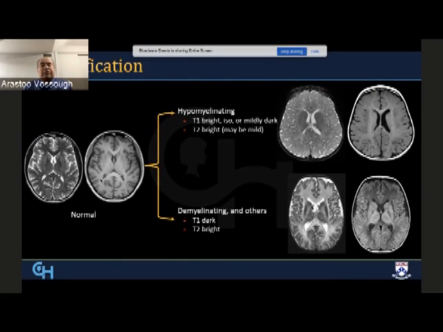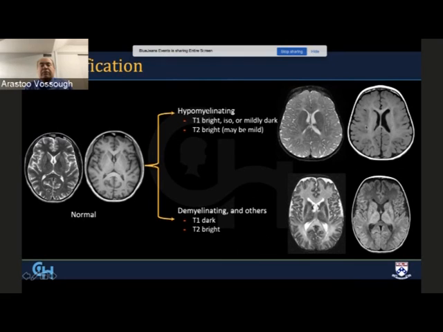Now, there are different ways to classify leukodystrophies, but a very common and very useful one is to classify them into hypomyelinating disorders and the demyelinating disorders. So on this left-hand side, we have the normal myelinated brain.